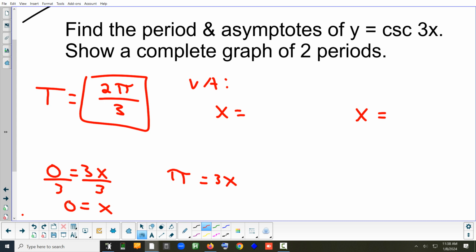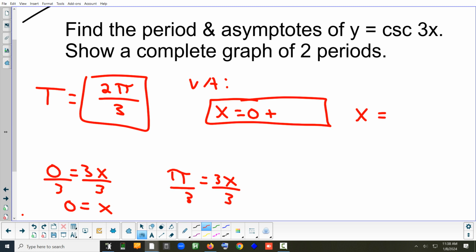If it's at 0, it won't move. So your first asymptote is still 0. But the second asymptote was at pi. It's going to be horizontally compressed by 3, so it ends up at pi over 3. Those are your first 2 asymptotes.